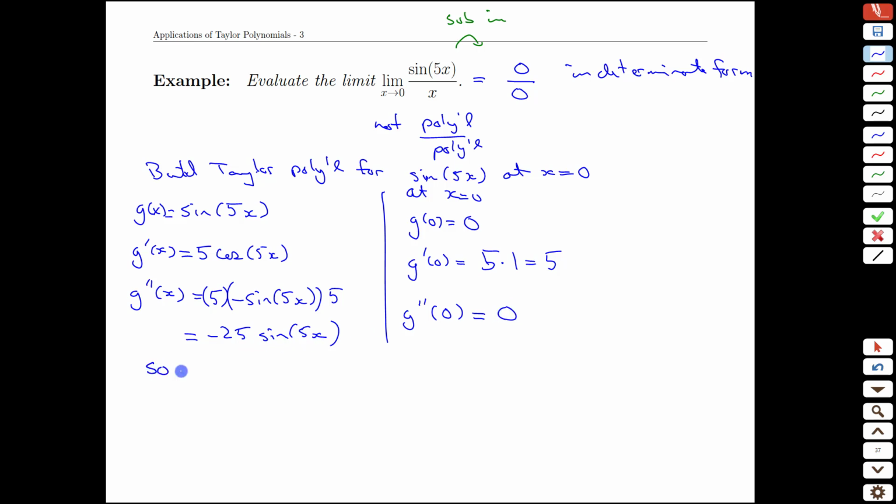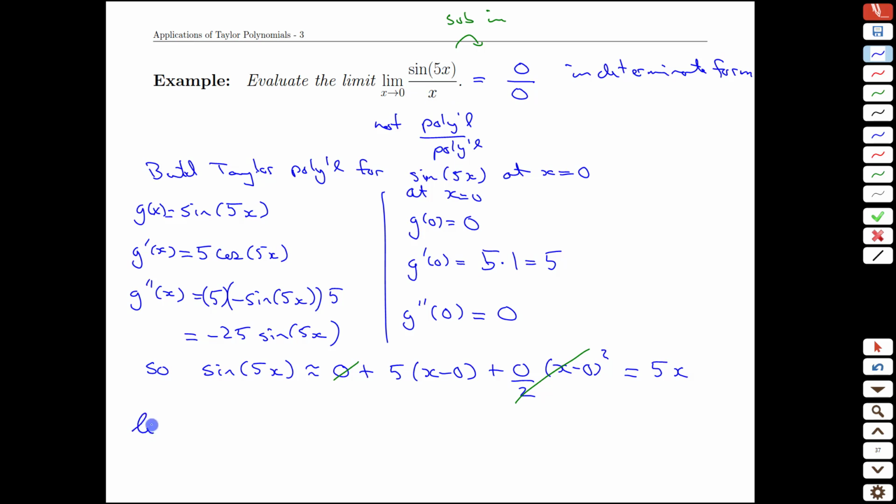All right, so that means that we can replace sine of 5x as a good approximation around the point x equals 0 with 0 plus 5x minus zeros, and we have the second derivative. I'll put in all the details just to reinforce the structure, but none of that's going to matter because this 0 multiplier wipes it all out. And so what we really have is 5x.